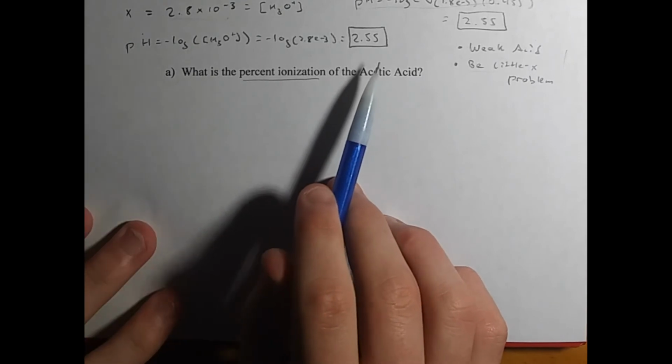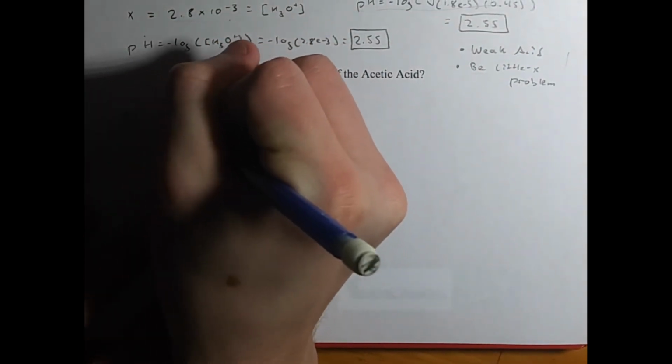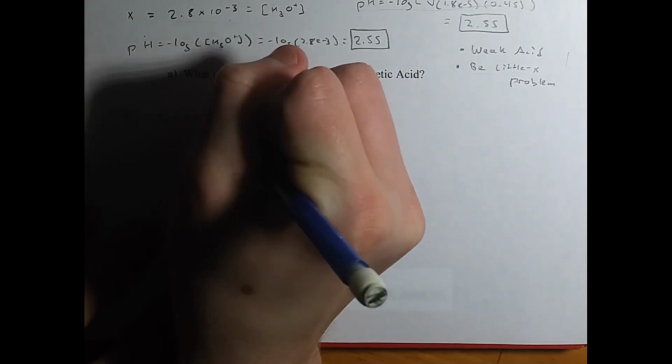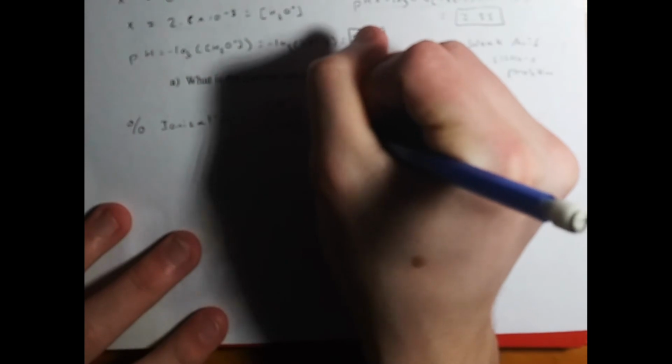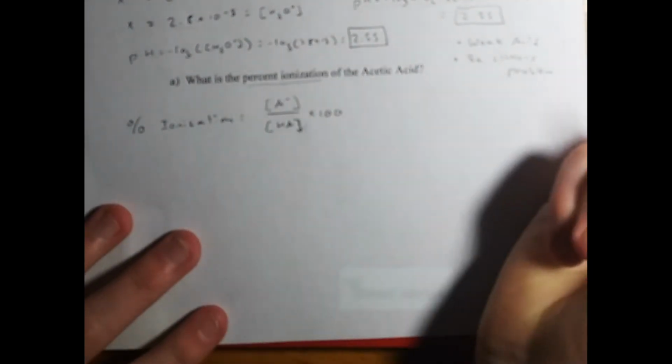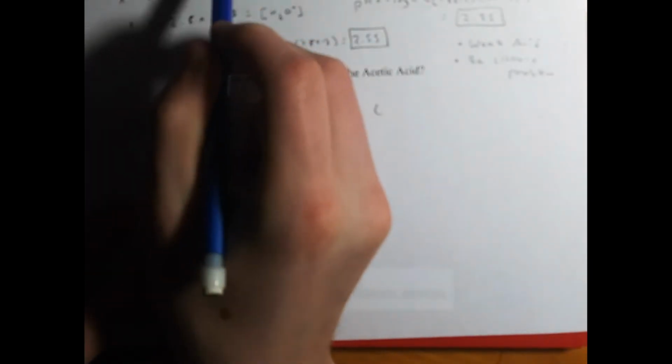It's actually a pretty simple equation. Percent ionization, you've probably seen it before. It's A minus over HA, and then multiply by 100 to get a percentage. We've already done all the math, so we can just plug these numbers in. A minus will be x, this x up here.